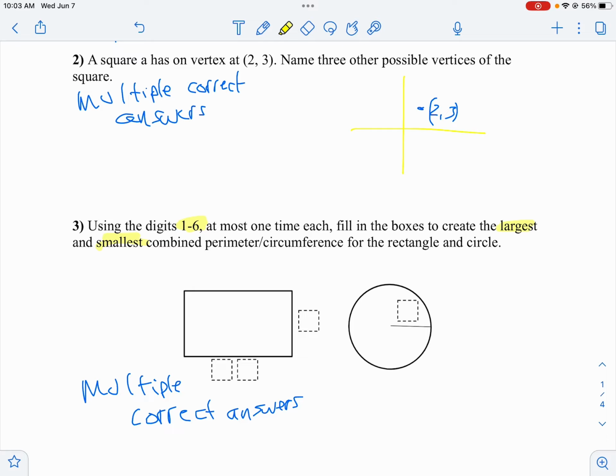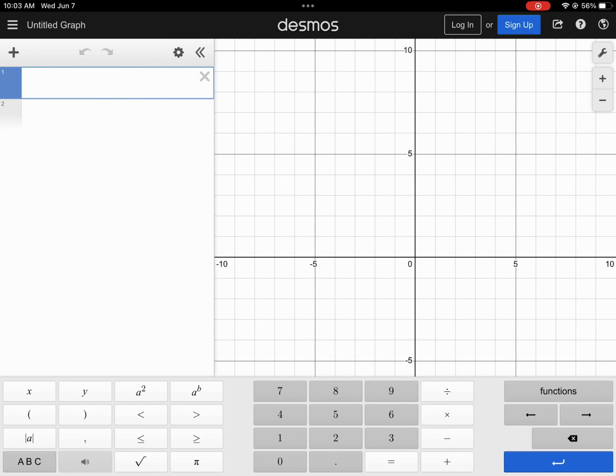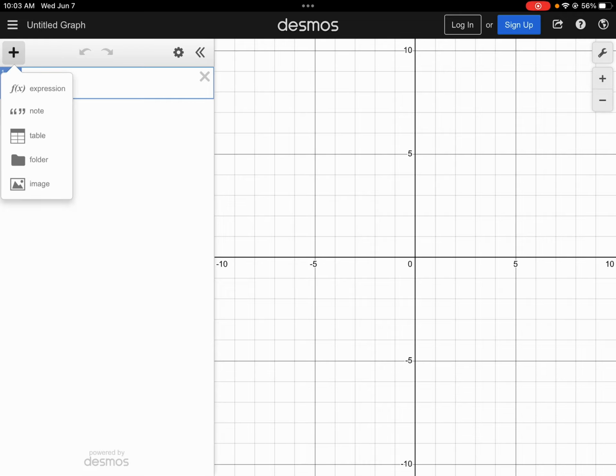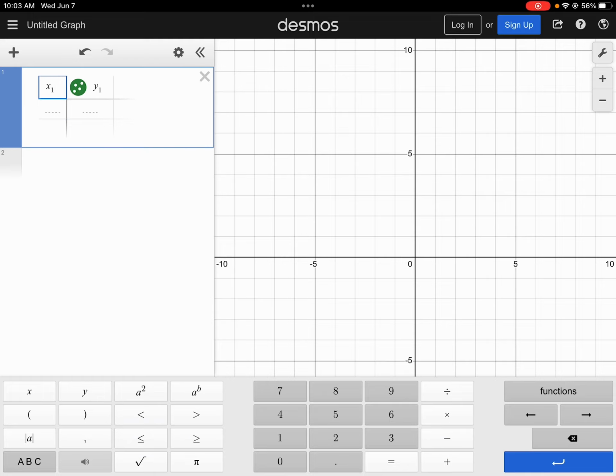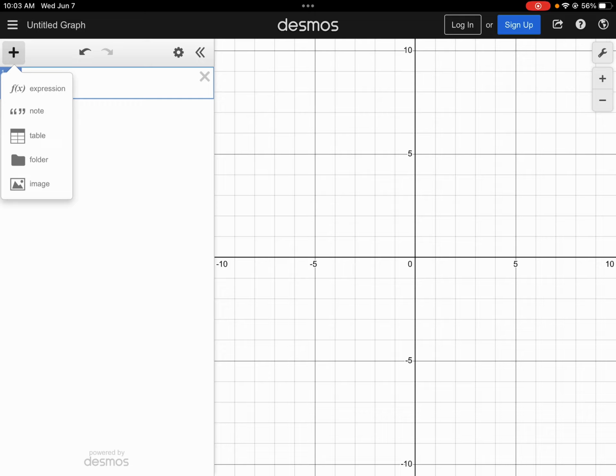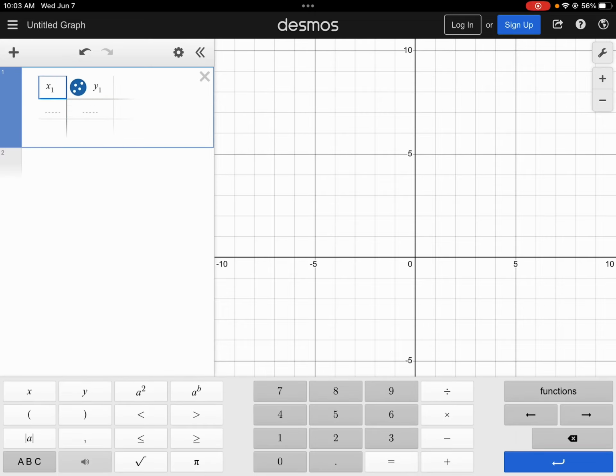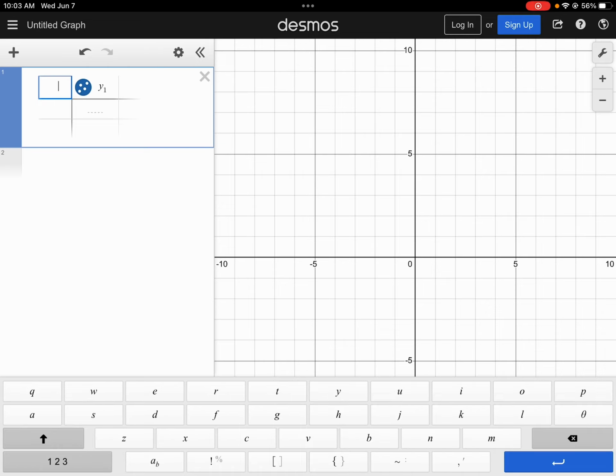So what I could do here, I'm not giving you the answer, but I'll show you how you can set it up so you can find it yourself. We'll make a table. I'm going to call one of my variables L for length. And then my 2-digit variable will be W for width.